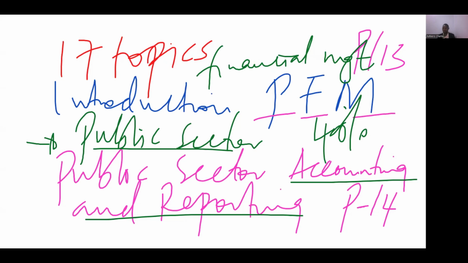If you look at some of the things that they removed in the previous paper 14, we used to have very many IFRS. We shall learn what IFRS are, but we had very many of them in that paper 14, because paper 14 was basically on accounting and reporting.